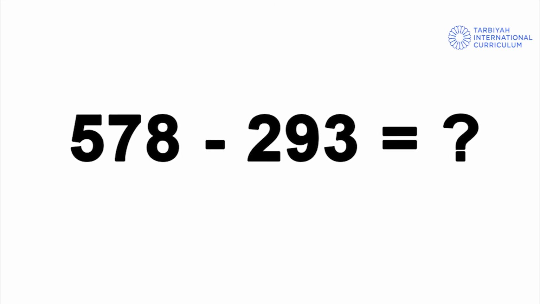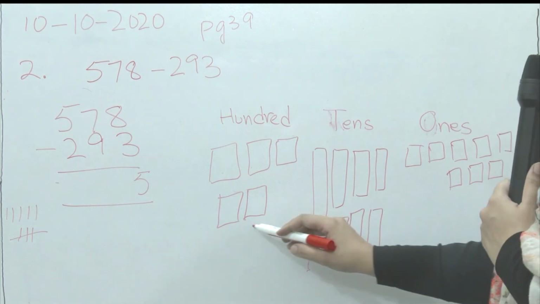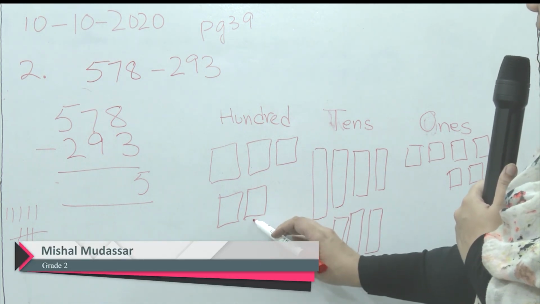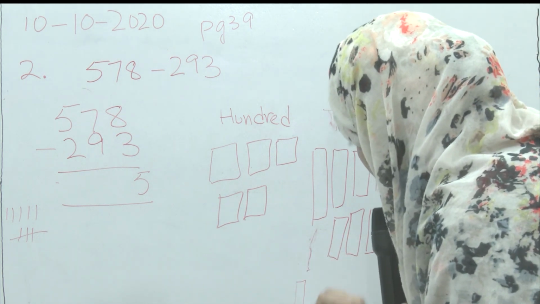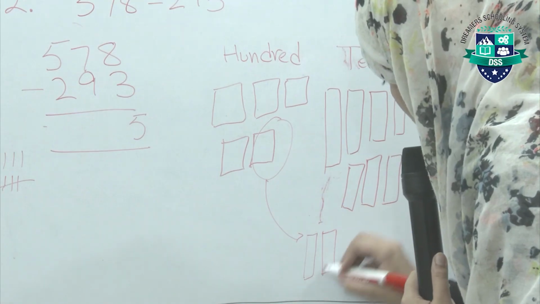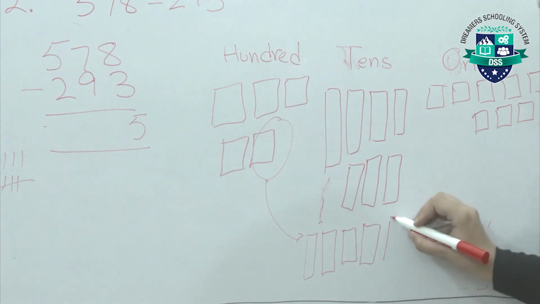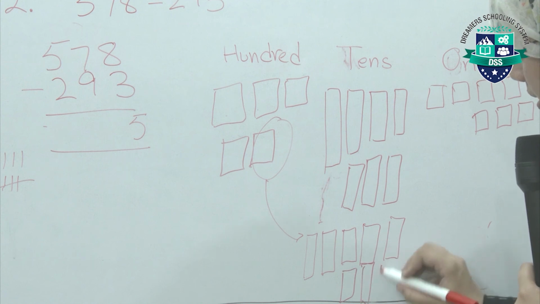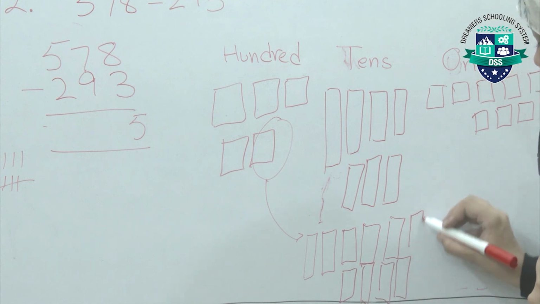That means we will borrow 1 cube from here. We will take away 1 cube here. And how many tens in 100? 10. Very good. So 1, 2, 3, 4, 5, 6, 7, 8, 9, and 10.